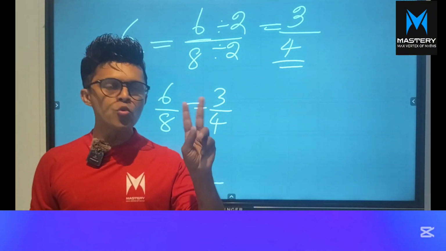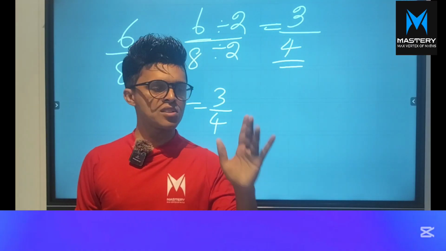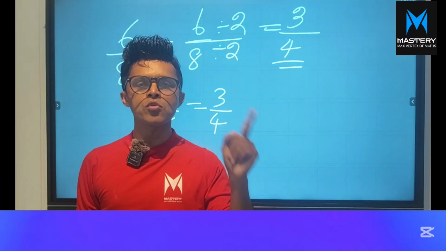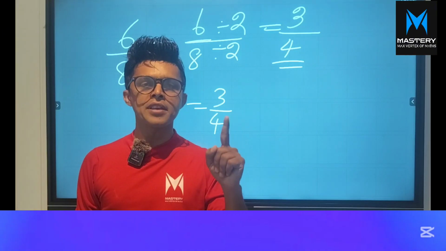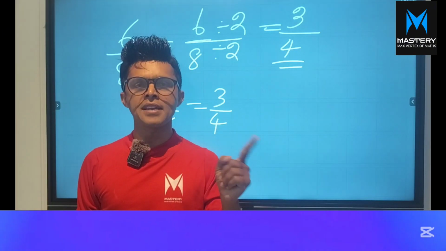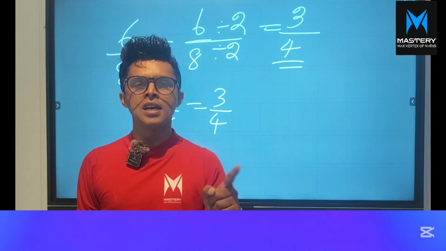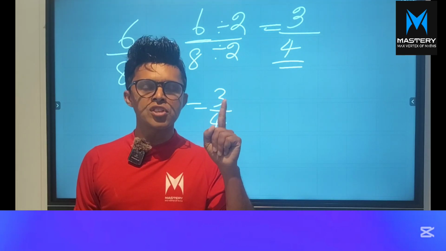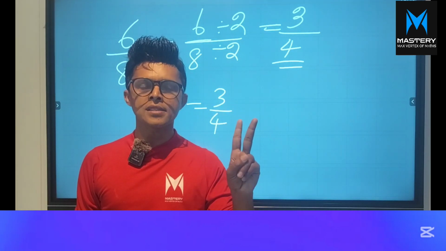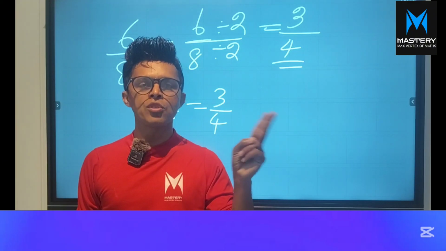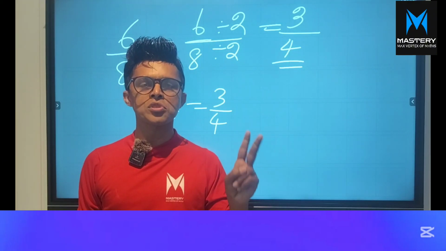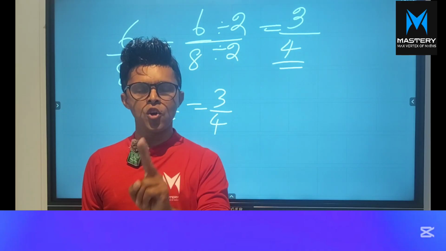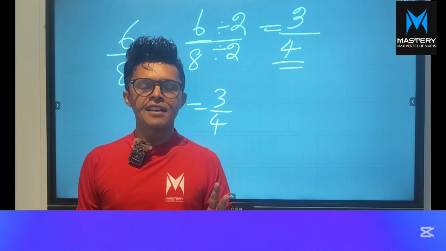So there are 2 ways of getting equivalent fractions. Number 1 is, you could use the same digit to multiply both denominator and numerator in order to get an equivalent fraction. Number 2 is, you could use a digit to divide both denominator and numerator to get an equivalent fraction.